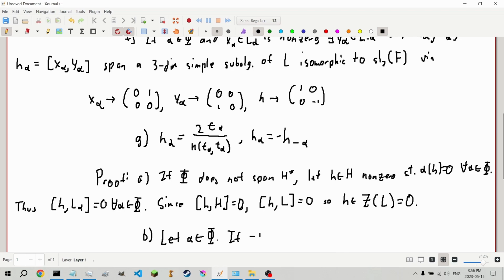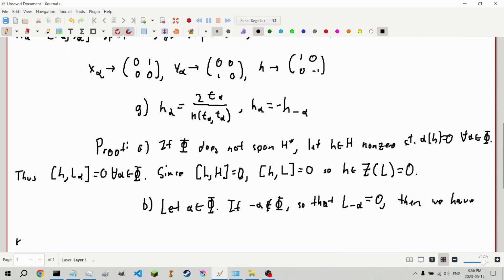If negative alpha is not a root, so that our L negative alpha is trivial, then we have that the Killing form of L alpha and L beta is 0 for all beta in H star.